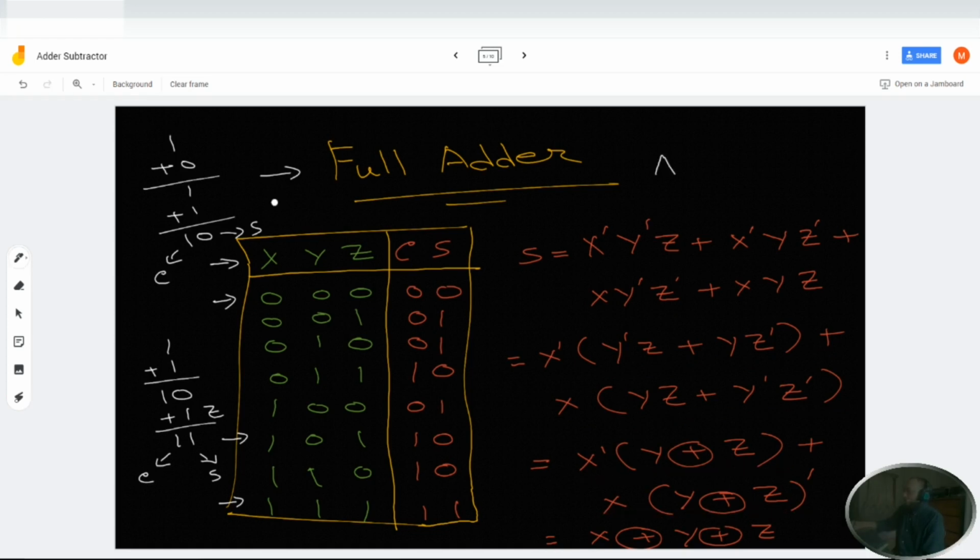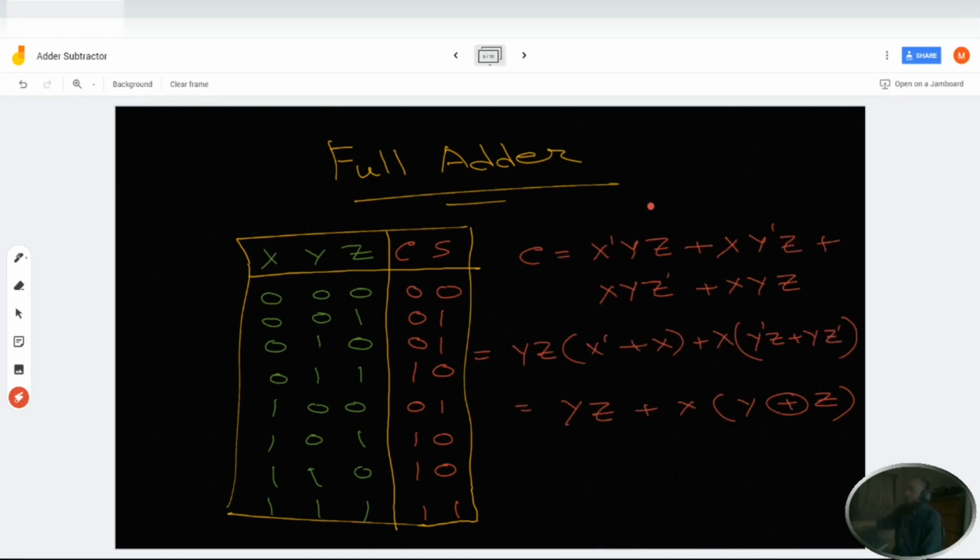And we know that for XOR we need the expression like this, a prime b plus a b prime, and here we can see x is like our a and y XOR z is like our b. So here we have a prime b plus a b prime. So finally we can write x XOR y XOR z. So from canonical sum form we have found the simplified sum form.